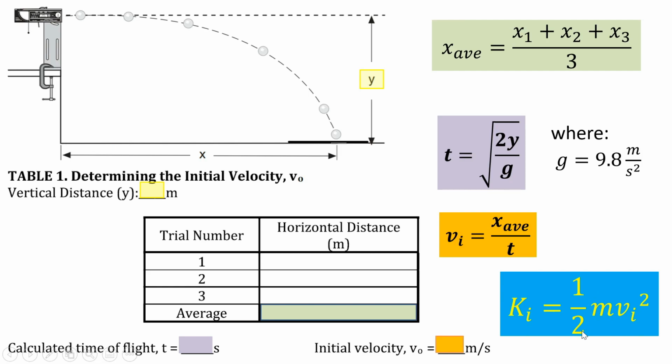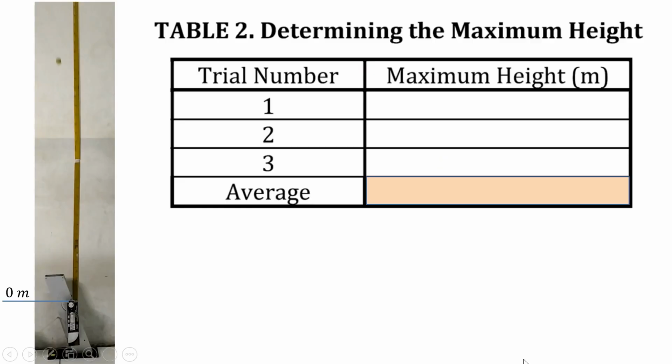That is 1/2 m v_i squared. And to solve for our potential energy, we will just get the height. This is the start, that is our x0. We will get the height from the mouth of the launcher to the maximum height. You will do this also for 3 trials.